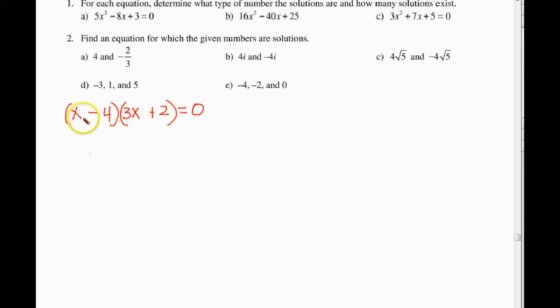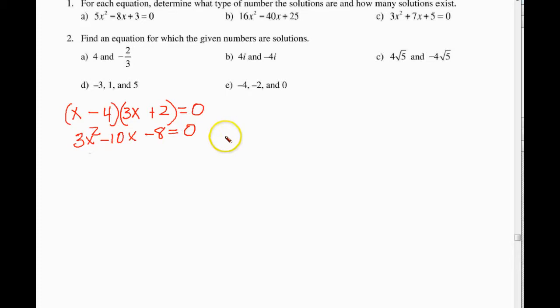Now what do we do? Well, we FOIL this. This is going to be 3x squared. Now this is a positive 2. This is a negative 12, which gives us then a negative 10x minus 8.